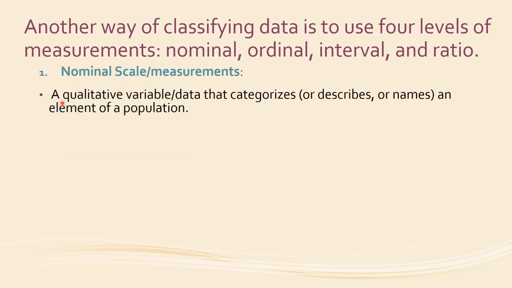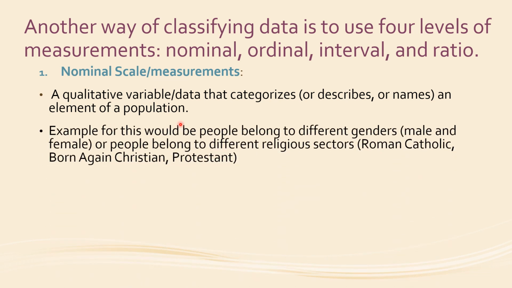So, it is a qualitative variable or data that categorizes, or pag sinabi natin categorizes is describes or names an element of a population. Example of this would be people belong to different genders like male and female, or people belong to different religious sectors such as Roman Catholic, born again Christians, and Protestant.